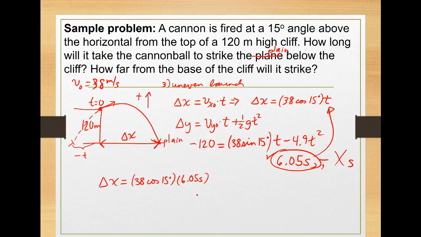And that's going to get us approximately 220 meters for our answer. So the big takeaway here is that I'm still applying two equations because I know that I have two unknowns. Next time we're going to look at some more theory in projectiles, and we're going to come up with some equations for how far a projectile travels and what its maximum height is.